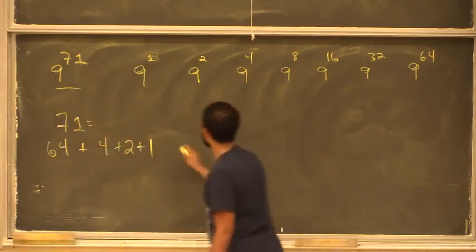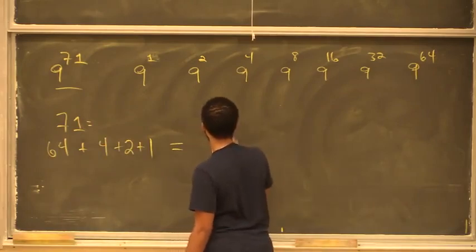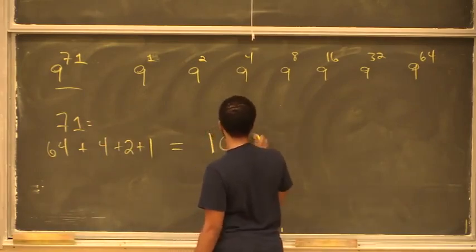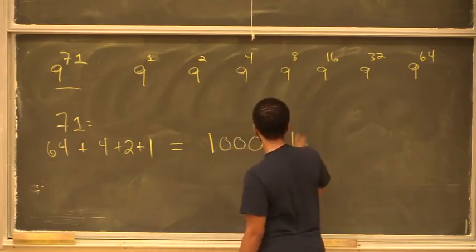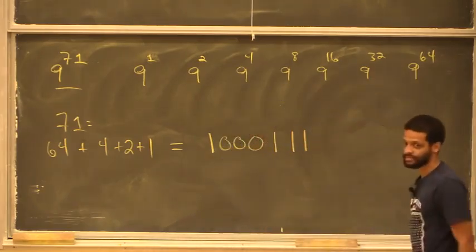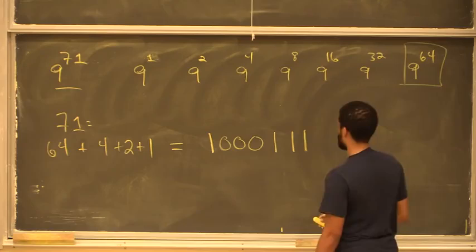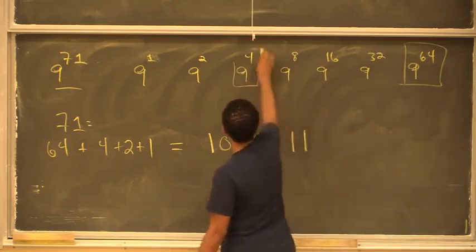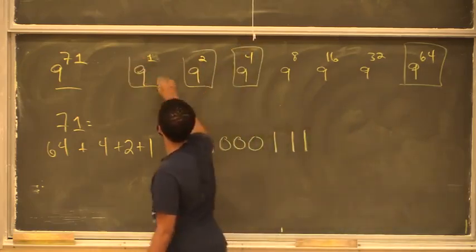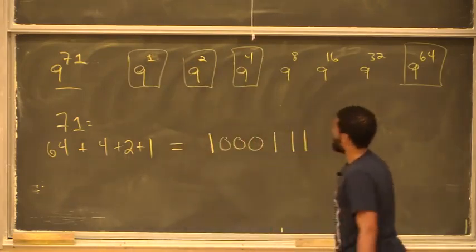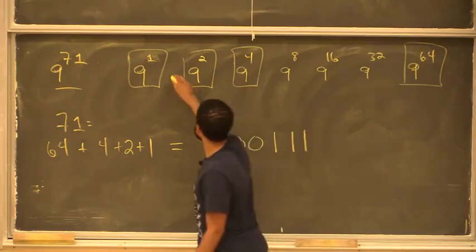So in binary, that's 64. I don't have 32. I don't have 16. I don't have 8. I do have 4. I do have 2. I do have 1. Which means I'll take this one, I'll take this one, and this one. And then I'll multiply them together.